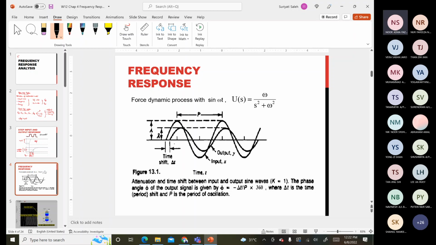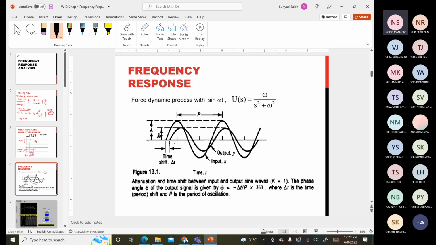Based on this frequency response, in order to adapt to the changing of the product demand or the process specification, we introduce the frequency. Based on the frequency, how frequent it is, your input needs to be changed.